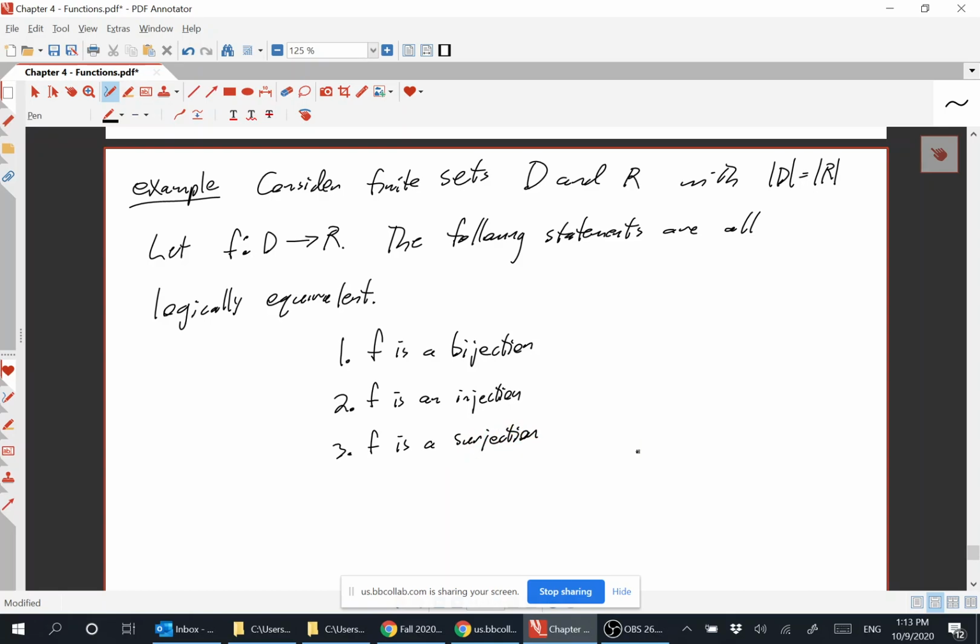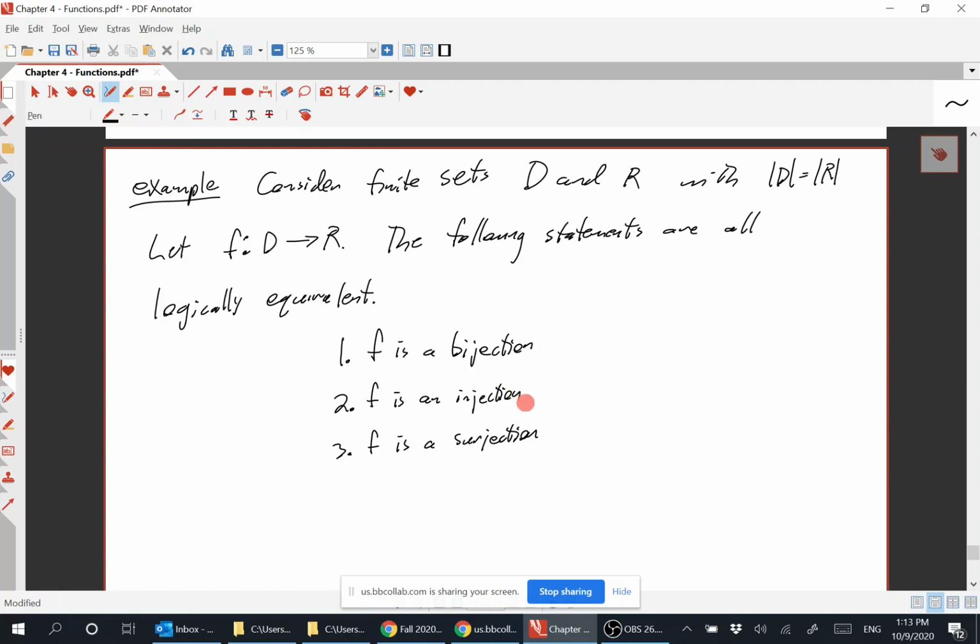So the following statements are logically equivalent. If the domain and the range are the same size, then F is surjective and injective if and only if F is injective, if and only if F is just surjective.